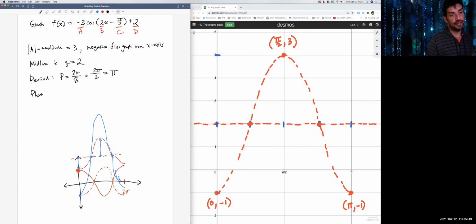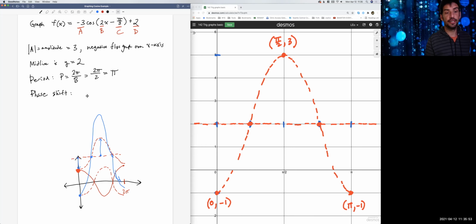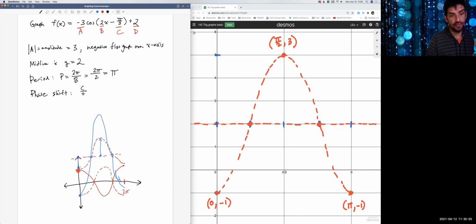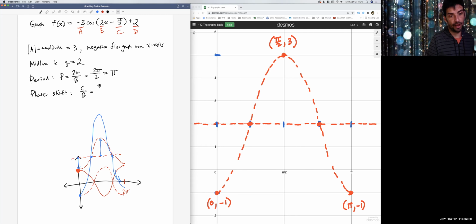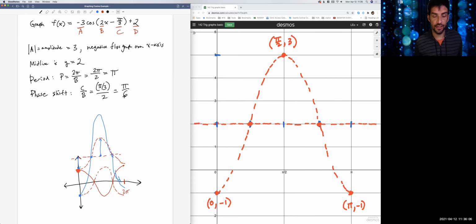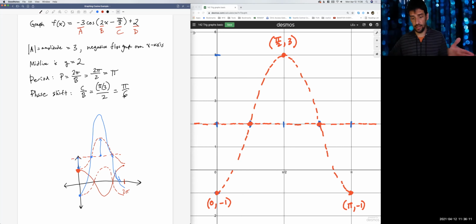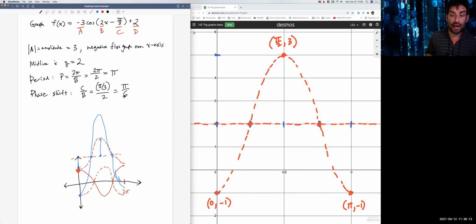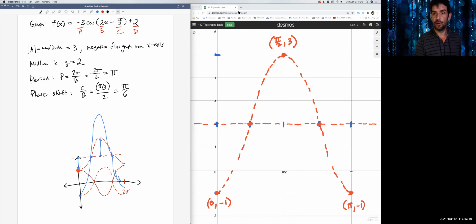The phase shift tells us how much it shifts left or right, and the phase shift is going to be C over B. In this case, C is pi over 3 divided by B, which is 2. So this is pi over 6, which means it's positive. We're going to move every point pi over 6 to the right. So pi over 6, just ballparking it.